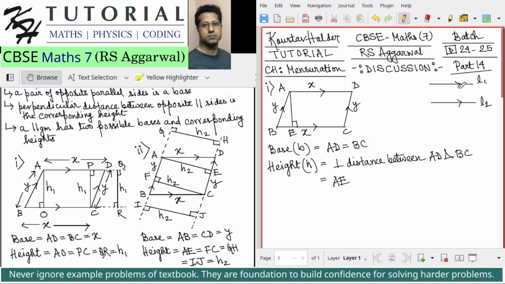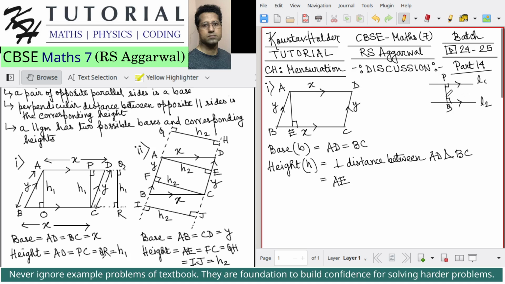We draw a line which is perpendicular to both the lines L1 and L2. Let's say I draw this line PQ, where PQ is perpendicular to line L1 as well as perpendicular to line L2.